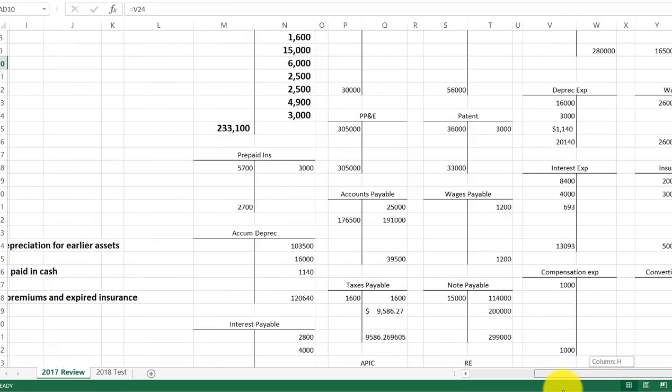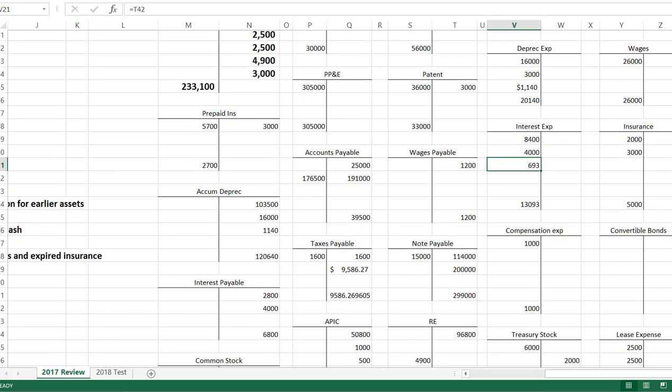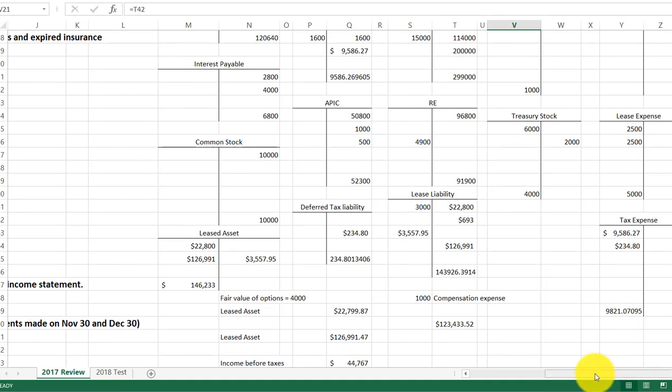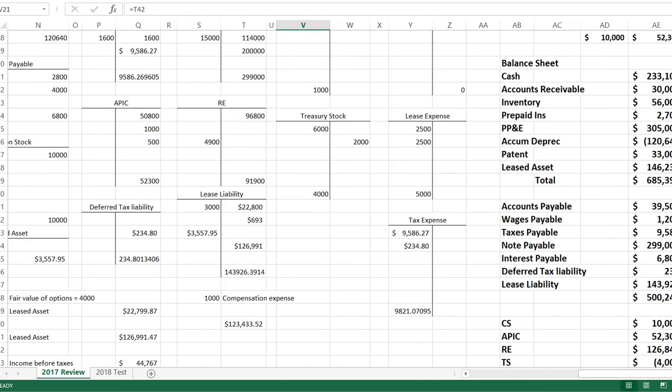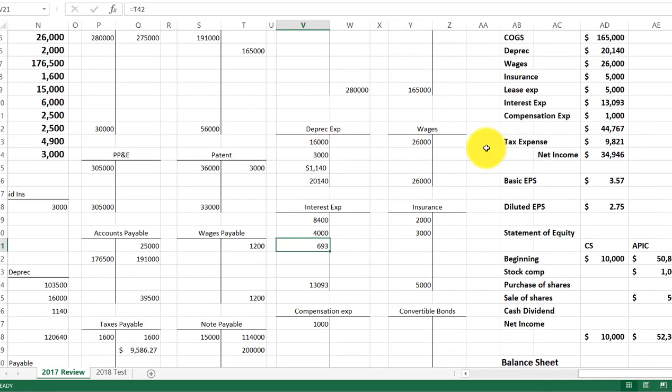Let's look at our interest expense. $8,400 was paid in cash, $4,000 accrued on the bonds, and then the $693 is interest on the finance lease for 1 month, because you would have had interest that you had not paid yet on that. So that would have been 1 month worth of interest added to the $4,000 plus the $8,400. Compensation expense, and now it's time to do a tax expense.